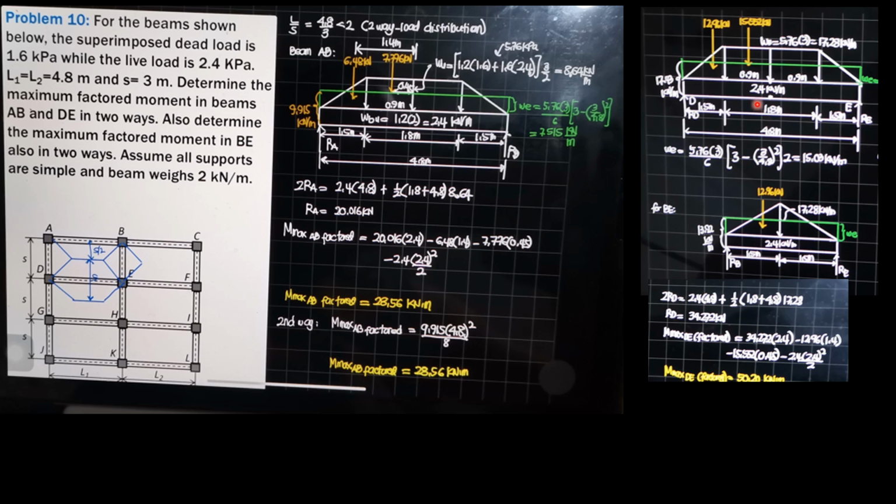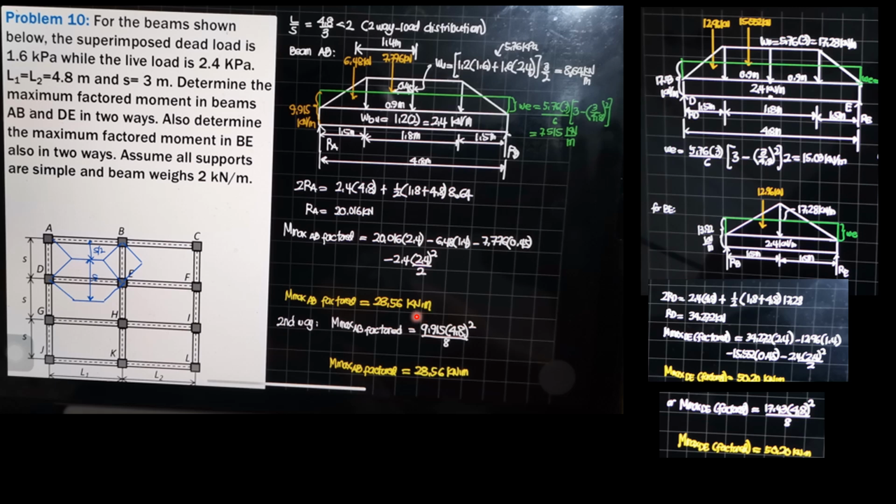Then we add the weight of the beam 2.4. So the total load is 17.43. So maximum factored moment in DE is 17.43 times L square, 4.8 square over 8. So maximum factored moment is 50.2 kilonewton meter.